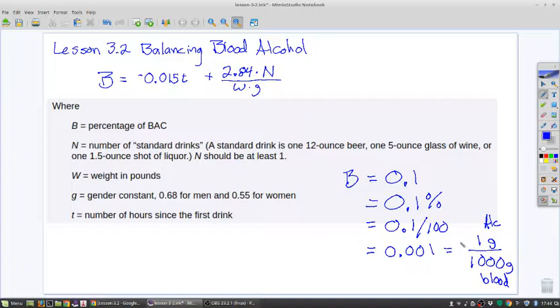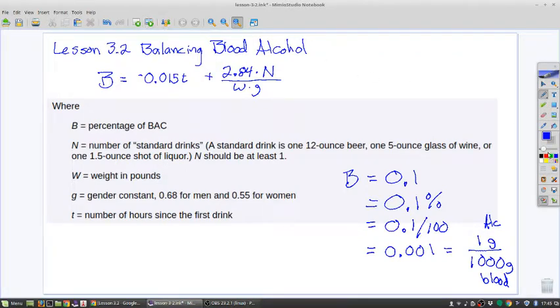There are a lot of variables related to blood alcohol content. The most significant ones are the number of drinks you've had, the amount of time that's gone by. Also significant is how big a person is, what's their weight, and it turns out there's a slight difference between men and women. So we're going to look at an example applying this formula to a situation.